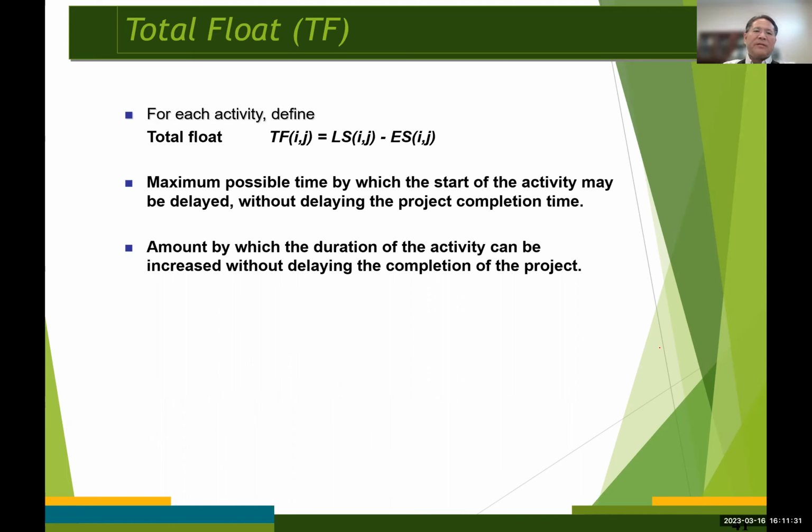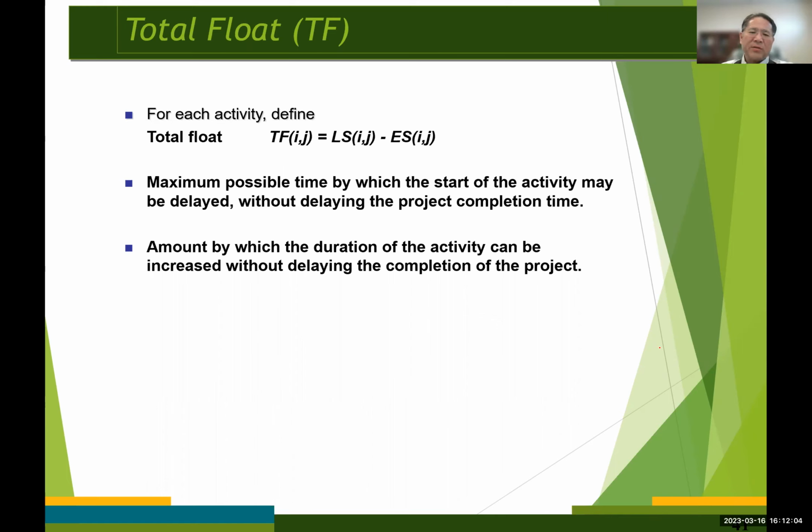So for an arbitrary arc representing the activity ij, the total float, represented by TF ij, is the maximum possible time by which the starting time of the activity ij could be delayed beyond its earliest possible starting time without delaying the project's completion time.